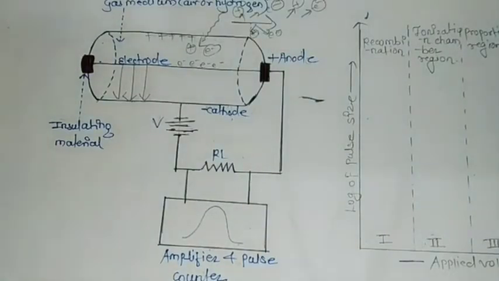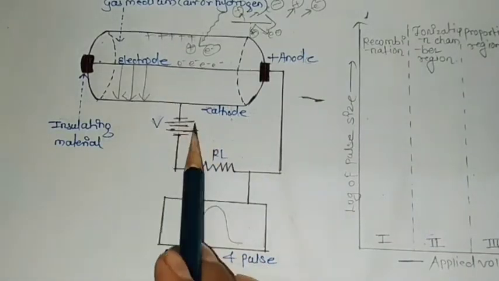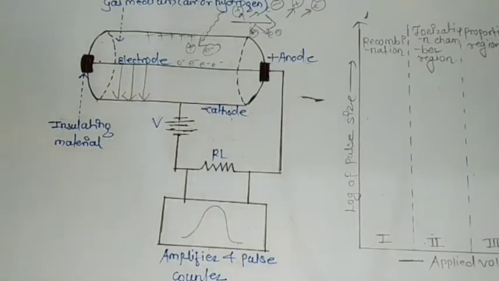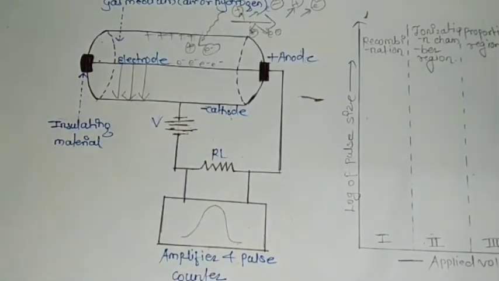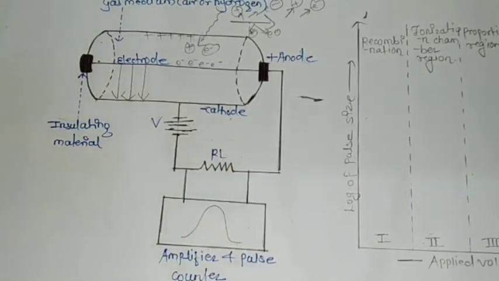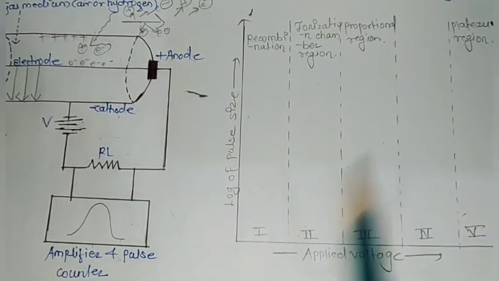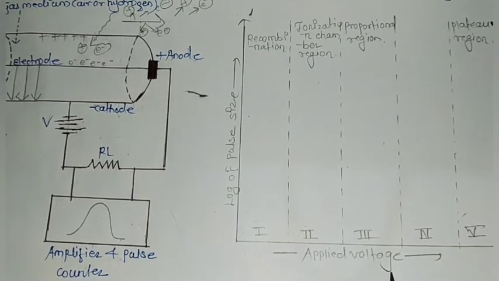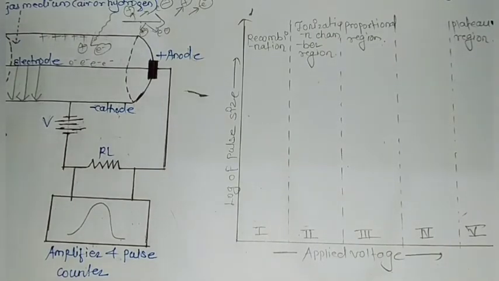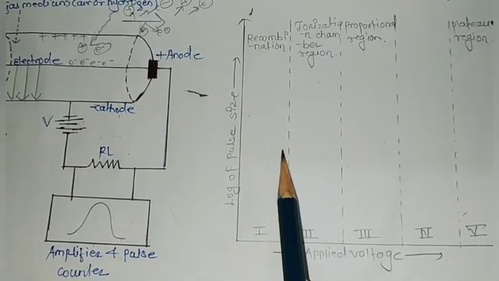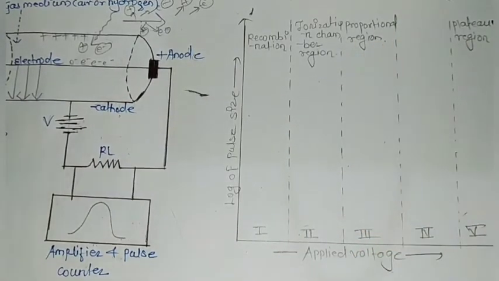What happens to this process when the voltage of the battery changes? To understand how the size of the current pulse changes with respect to the voltage of the battery, as well as the energy of the incident radiations, let's look at this particular graph to understand how the size of the current pulse changes with applied voltage, and also to distinguish between kinds of nuclear detectors like ionization chamber, proportional counter and GM counter.